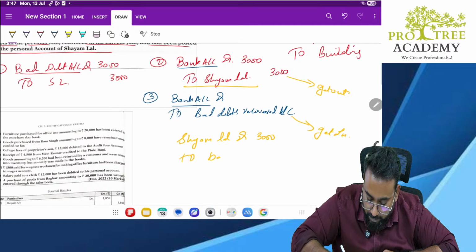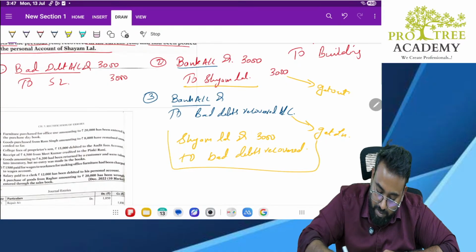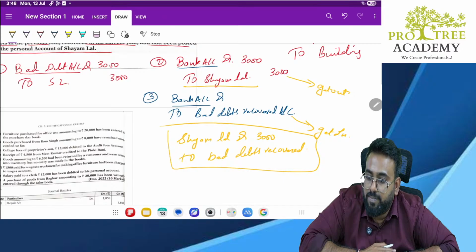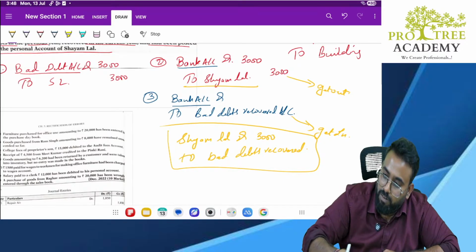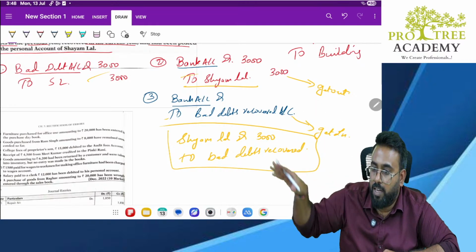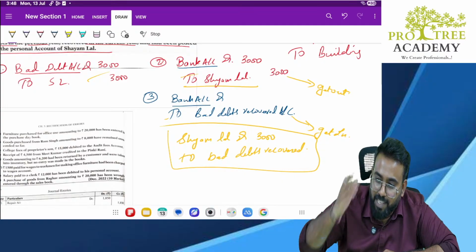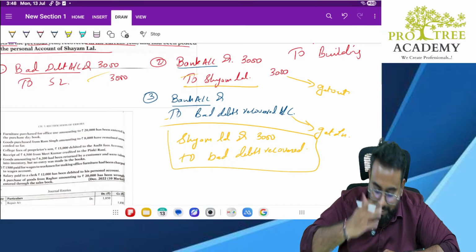This is your correct entry. Is that clear? So when you practice at home, do this, all the steps, but don't do it in exam. In exam, keep it only in mind.